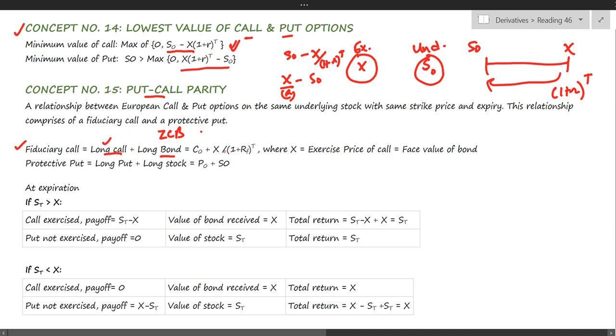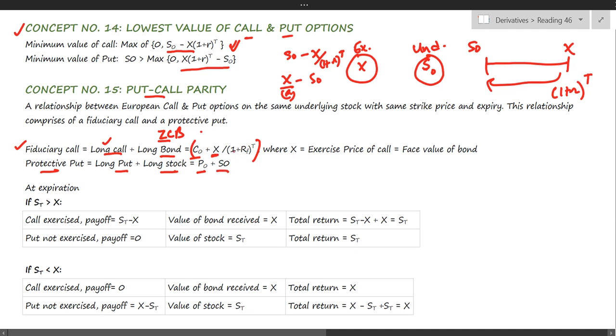Okay, so in that case you will be receiving X at the end of the period. There will be no interest payments in between as it is a zero coupon bond. So these two combined gives us the left hand side of the equation, and on the right hand side we have the protective put, which is long put plus long stock, means buying the underlying itself. So that gives us value of put plus the value of underlying.